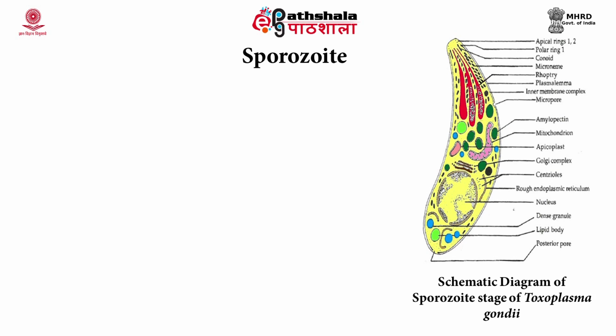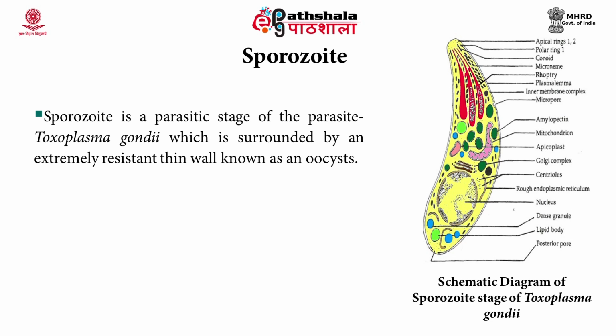The third form of Toxoplasma is the Sporozoite. The Sporozoite is a parasitic stage of the parasite Toxoplasma gondii, which is surrounded by an extremely resistant thin wall known as an oocyst.